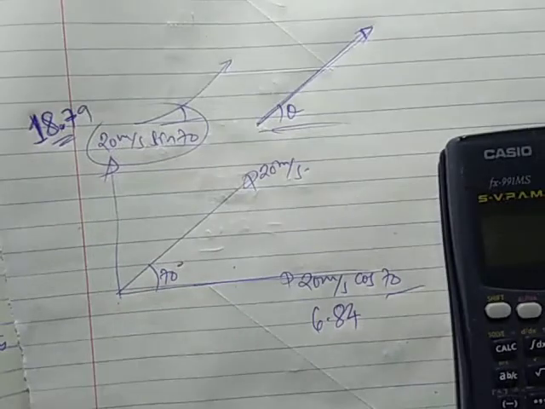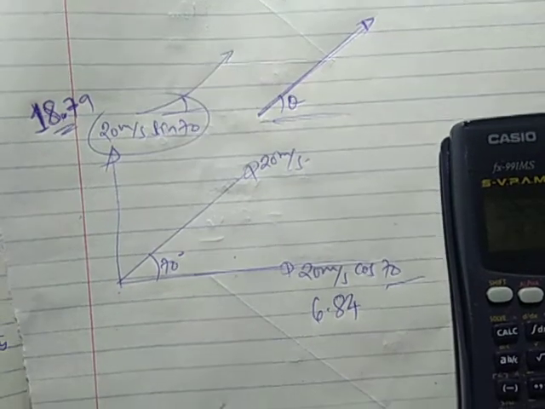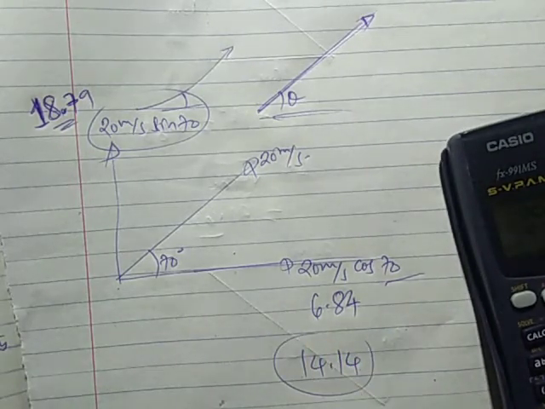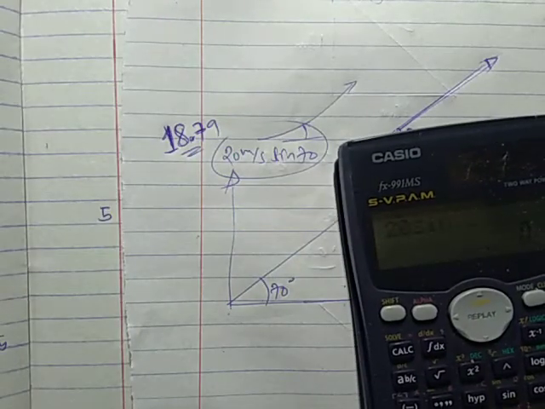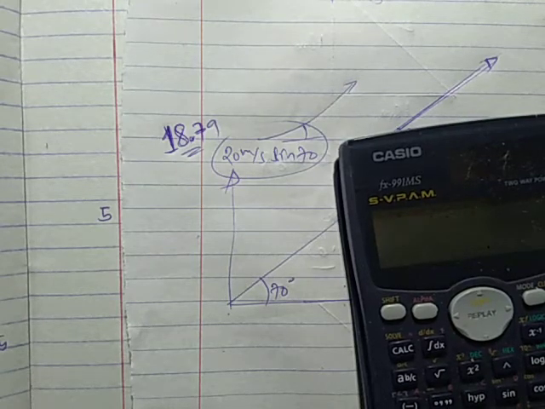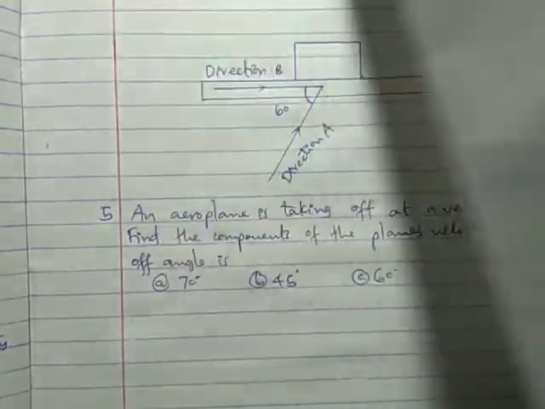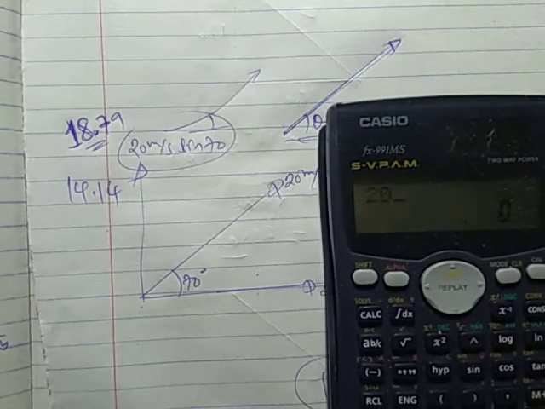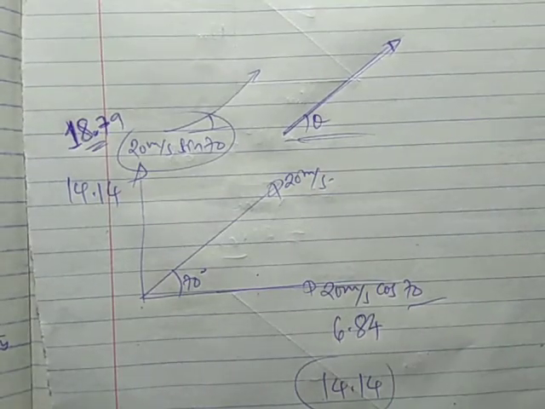Kama ikiwa 45, 20 cosine 45 tutapata ni 14.14, na kwenye sine 45, jibu lake ni ile 14.14. And finally angle ya 60 tutakuwa tuna 20 cosine of 60, which is 0.5, so itakuwa ni 10.